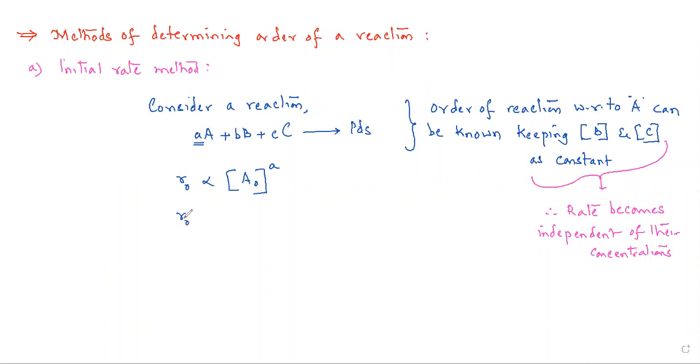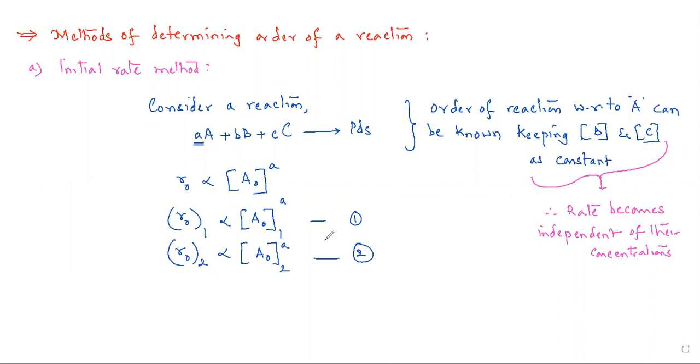Let us take two different initial rates and two different initial concentrations. R0 in the first case is proportional to A0 in the first case to the power a. Let this be equation 1. Now, go for the second experiment. If the initial rate the second time is taken as R0 at 2, then that would be directly proportional to A0 at 2 to the power a. That's it.